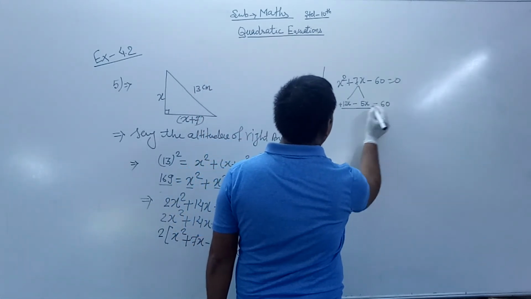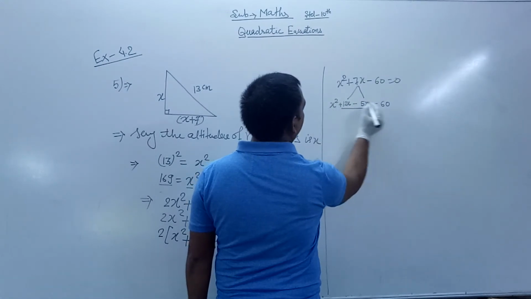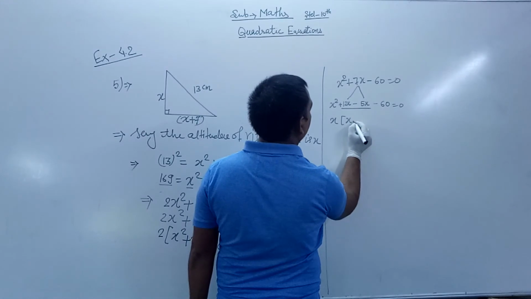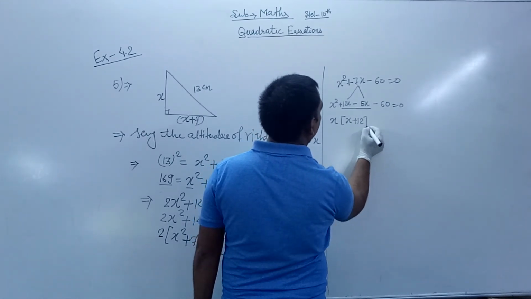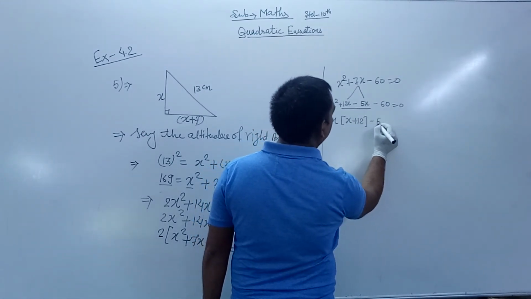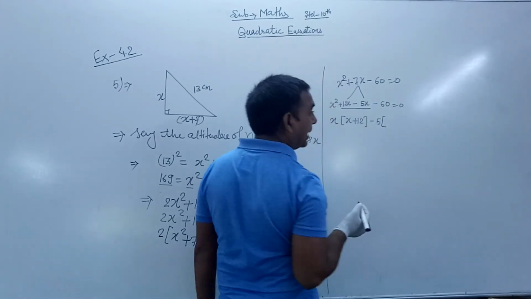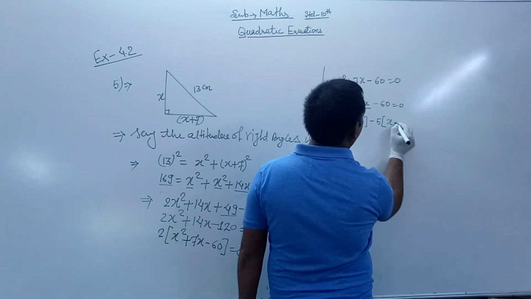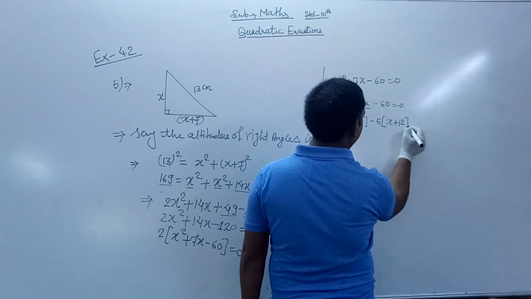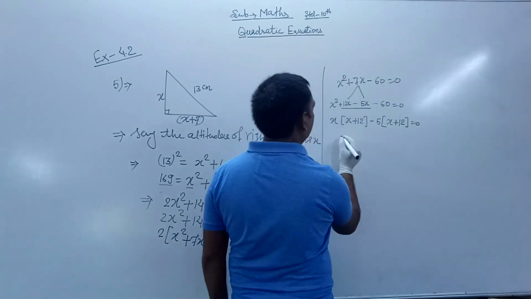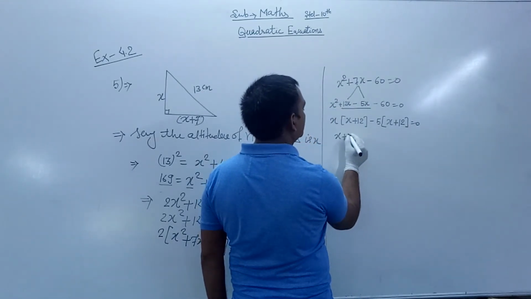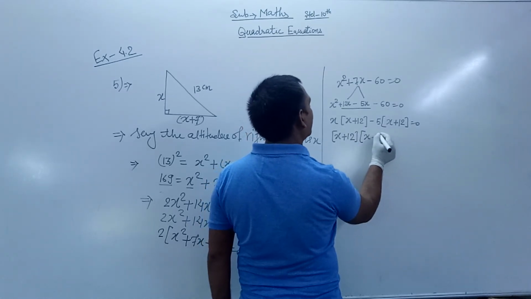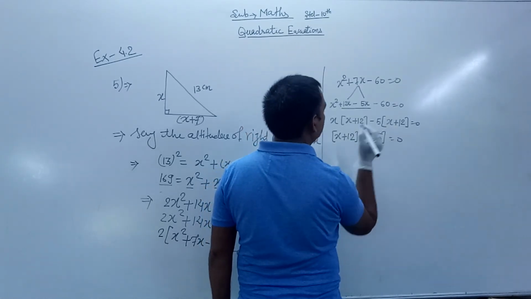Here we have x squared plus 12x minus 5x minus 60, equal to 0. You take x common, so x plus 12, and minus 5 common, so inside the bracket the sign changes: x plus 12. So (x plus 12)(x minus 5) is equal to 0.